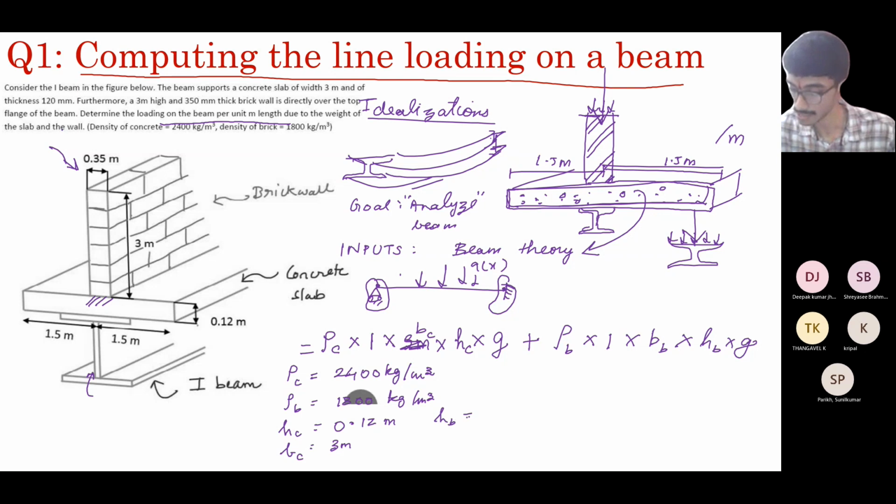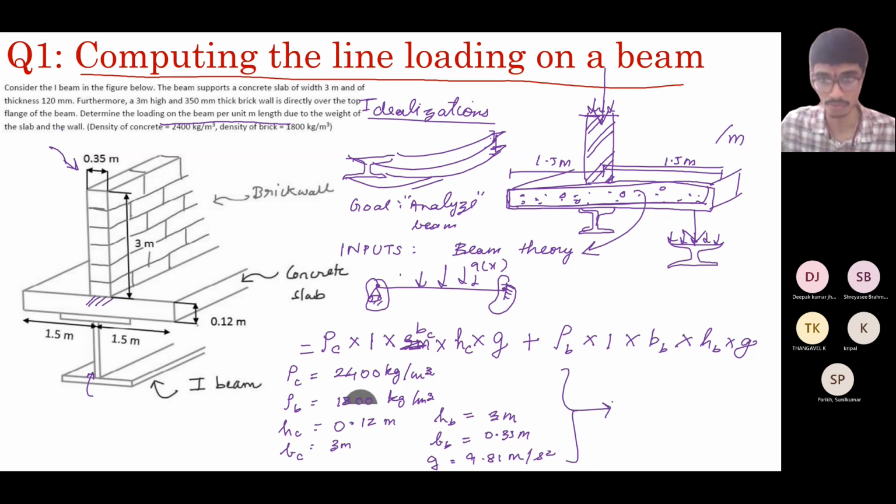Height of brick is 3 meters. Width of brick is 0.35 meters. And g you can take as 9.81 meters per second square. So if you just substitute all these values, you can get what it is.